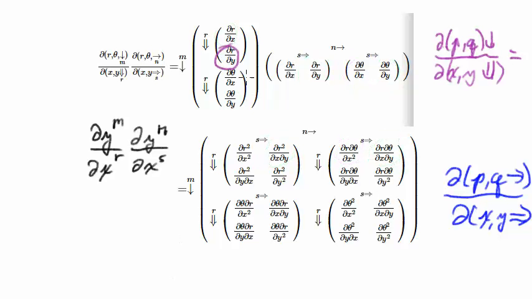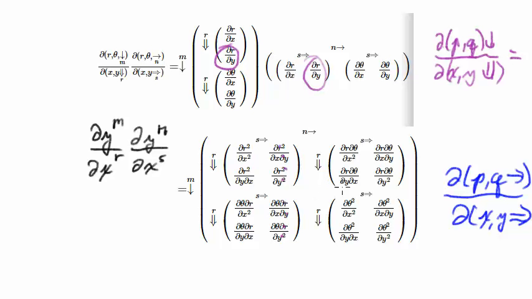You repeat that all the way down with each thing having del r del y. You see a del r del y times del r, and then del r del y goes down this way.